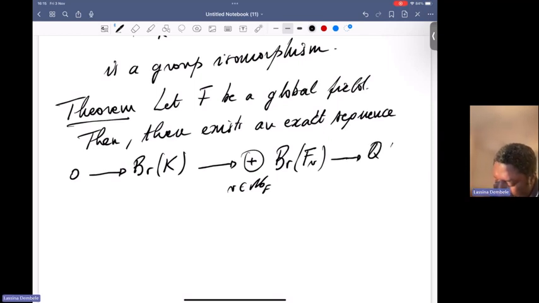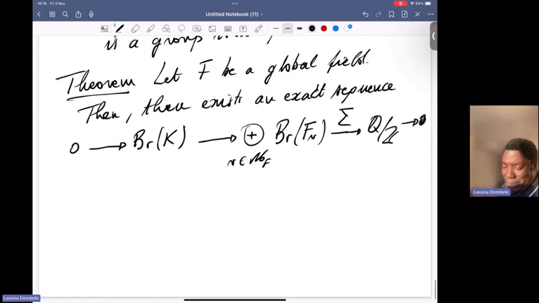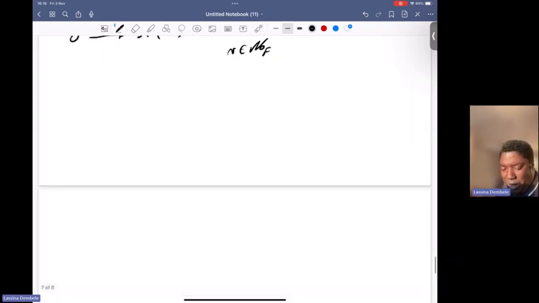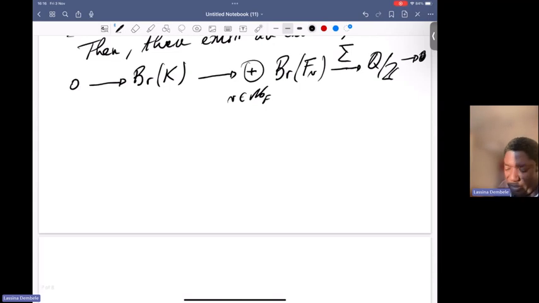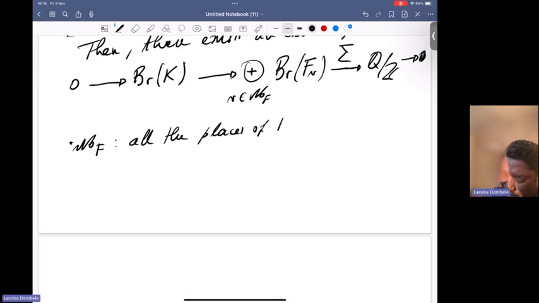You go to Q over Z, and then 0. This first map, I'm going to call it sigma, and M is all the places of F.